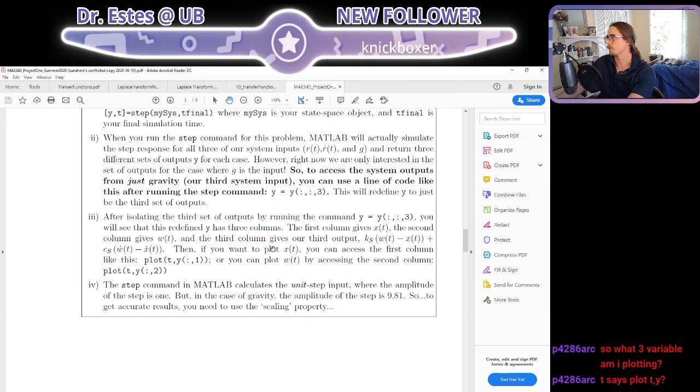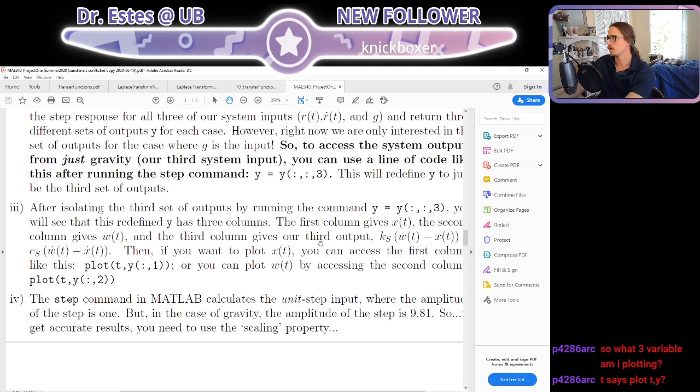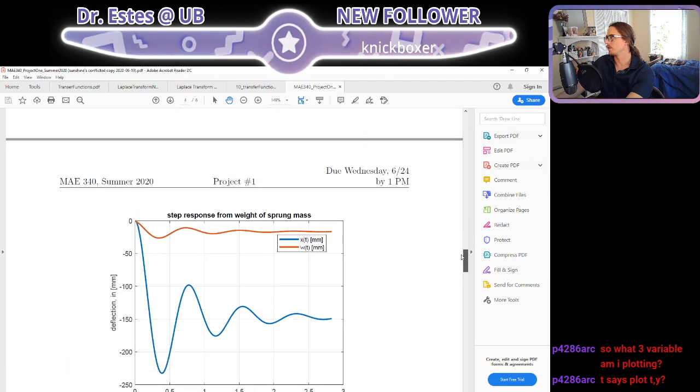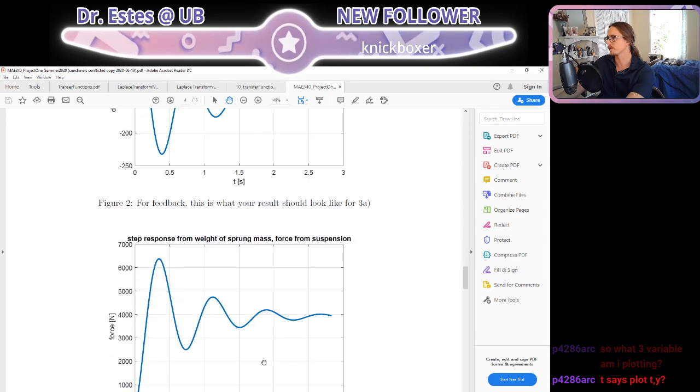For example, if you want to plot X, you access the first column by itself. Or if you want the second column by itself, you do that. So on one plot, I want you to do the first two columns, and you'll get this. These are the first two outputs. This one is the third output.